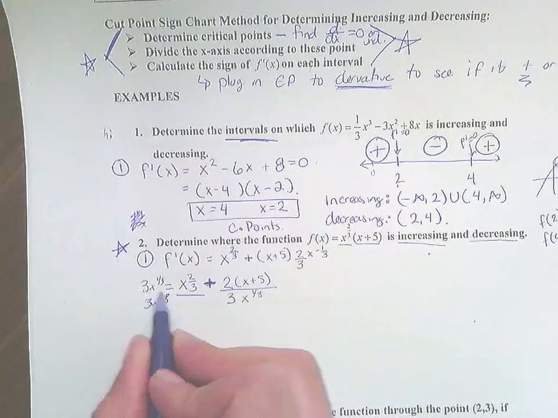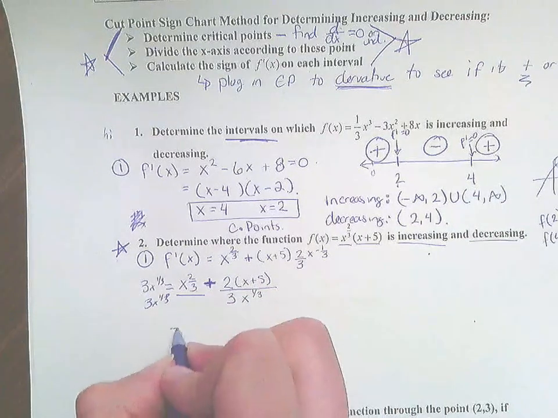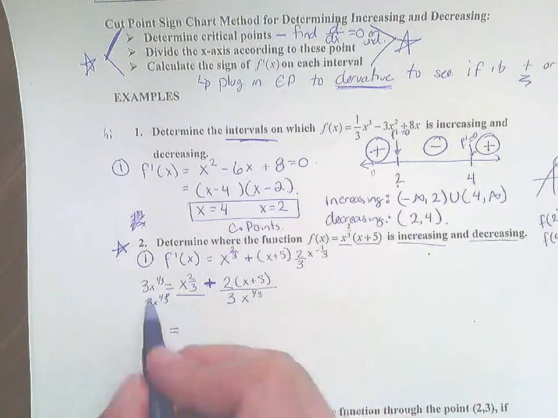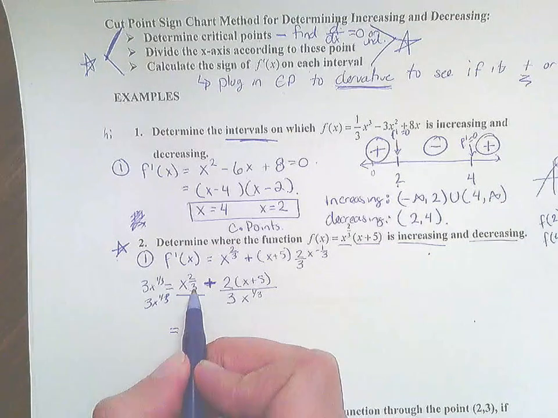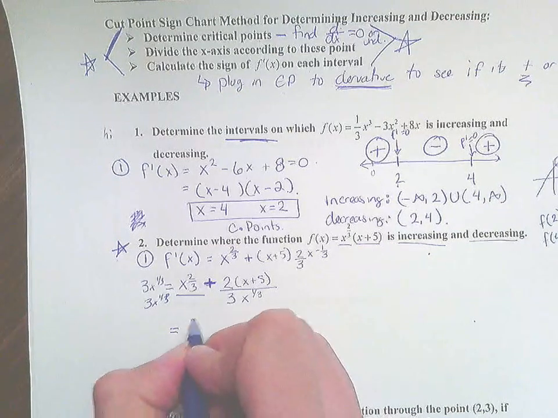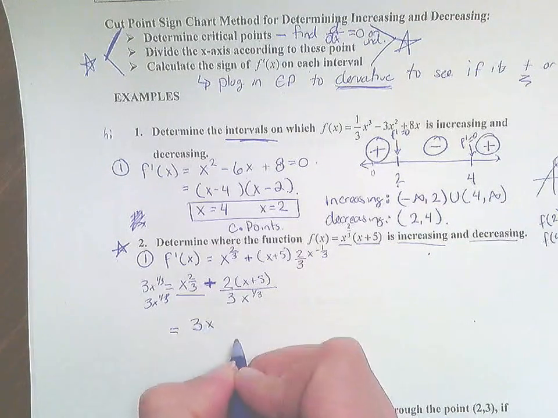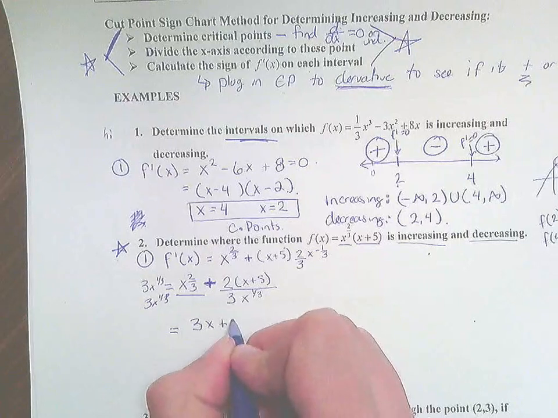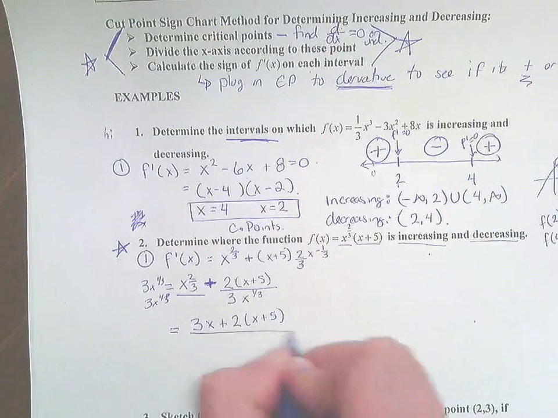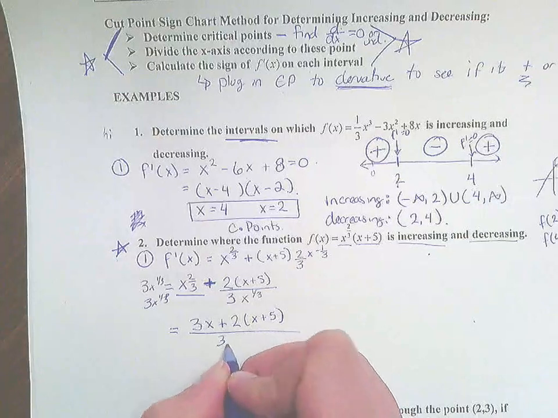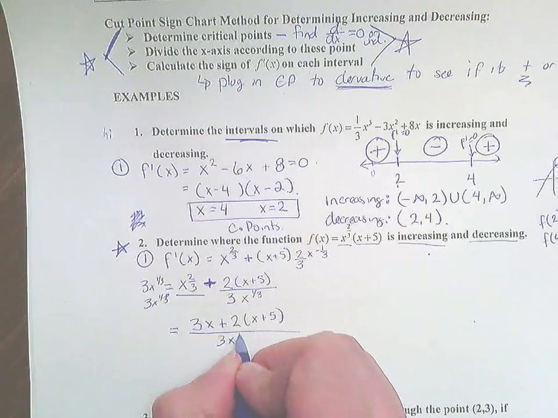And then what we end up with over here is 3x to the 3rd times x to the 3rd. Do you remember what you do when you multiply exponents? You add them, and that actually cleans up to be just 3x plus 2 times x plus 5, and now we have a common denominator of 3x to the 3rd.